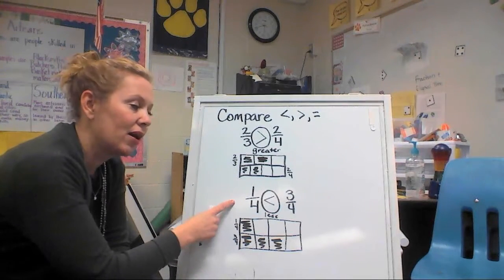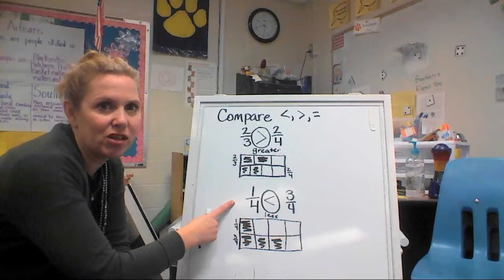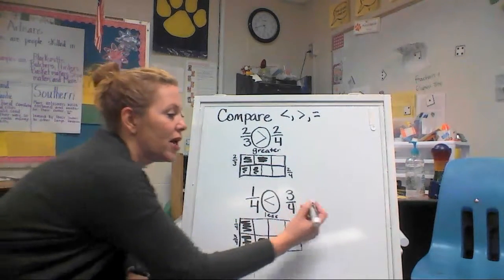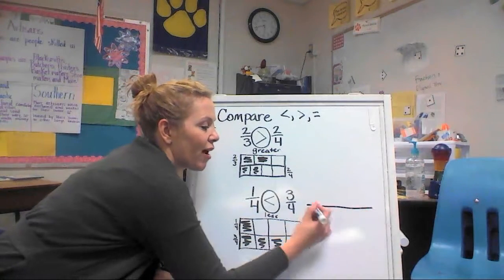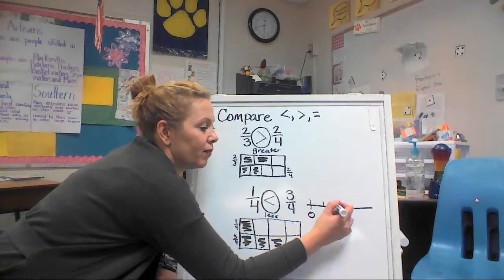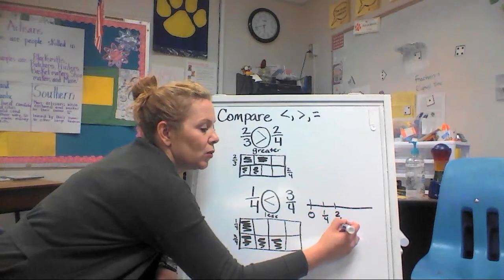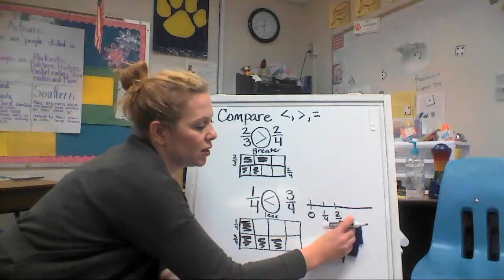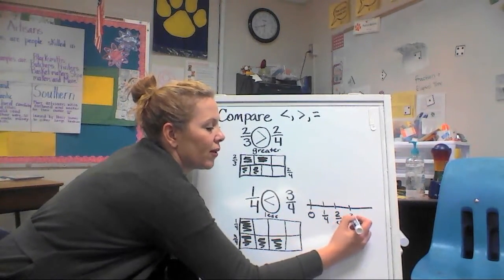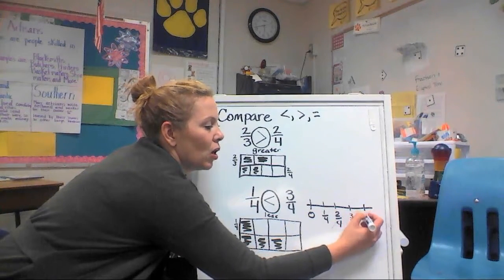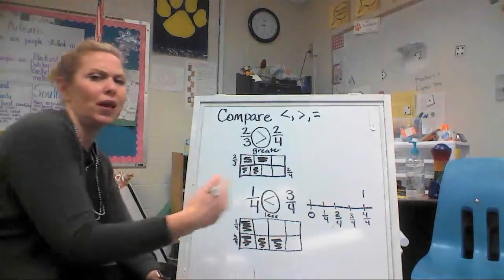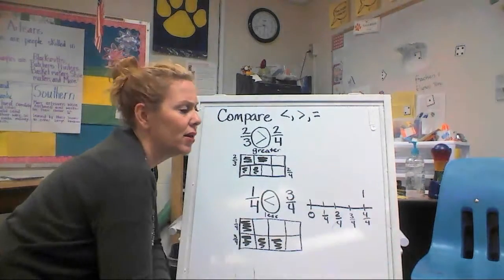Okay? And a great strategy to use if you've got the same denominator as we do here is we can also think about that fraction on a number line with that 0, 1/4, 2/4, sorry, clean that up, 2/4, 3/4, 4/4 we know is equal to 1 whole, and we could keep counting on.